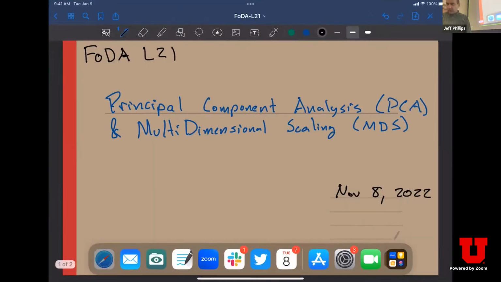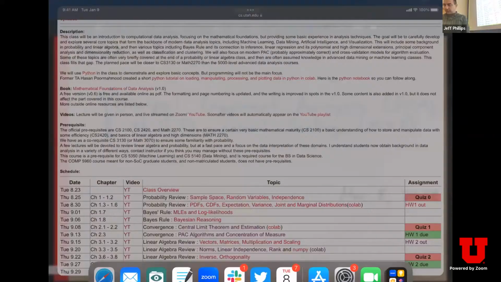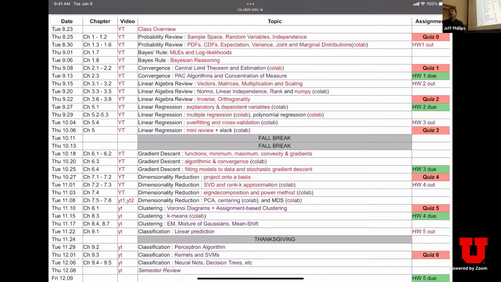If you look at the schedule, the homework 3 grades have been posted. The grades were slightly lower than the other homeworks on average, but the class average, I think, is still about where I'd like to see it. If you had some trouble on homework 3, homework 3 and 4 are typically the most challenging homeworks in the course.